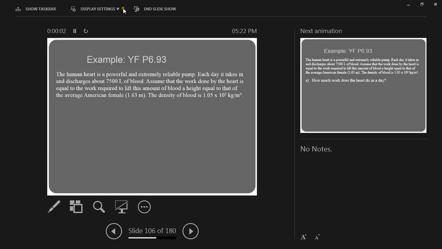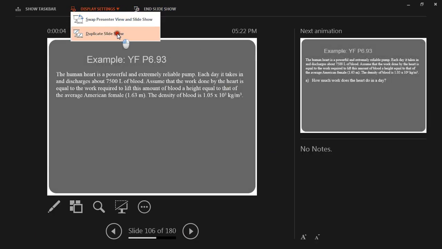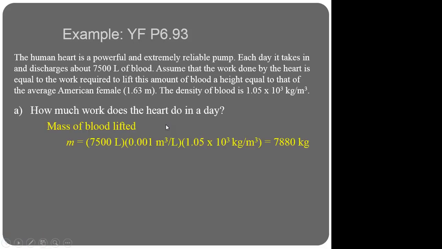You all have this, and you already have answers, so I'm not going to bore you. Let's first calculate what's the mass of blood the heart moves in a day. Are you surprised at the amount of mass that your heart moves in a day? Does this make sense?